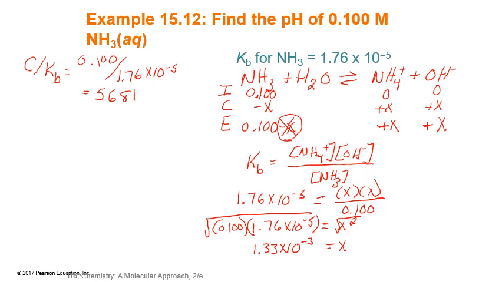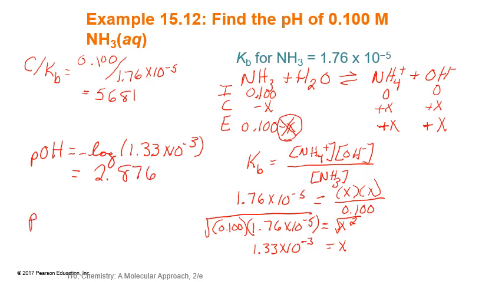Okay, so now we have to remember what X is, though. So X is our OH minus concentration. It is not equal to H plus in this case because we're a base. And so we can find our pOH. Our pOH is equal to 2.876.